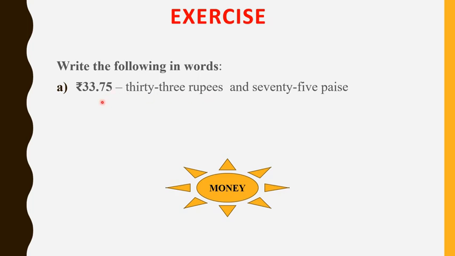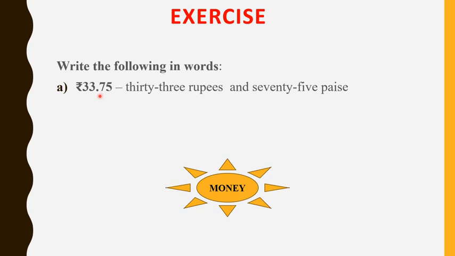You are going to first read the number and then write rupees. So we will write 33 rupees. This dot means and. So we will write 33 rupees and 75 paise. Here paise is not written, but we are going to write paise because we are not writing in figure.